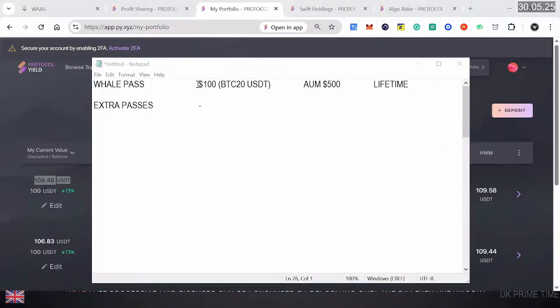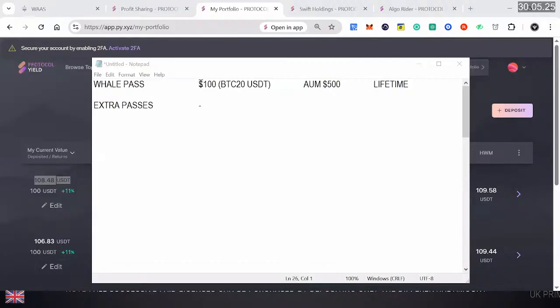And for the first time, we were able to utilize 100% BTC20 through Whale Pass to buy a $100 subscription on Pi, right? We can use this Whale Pass for ourselves.